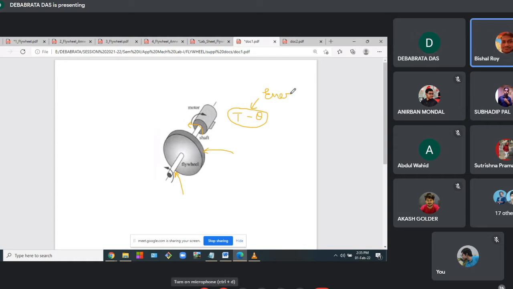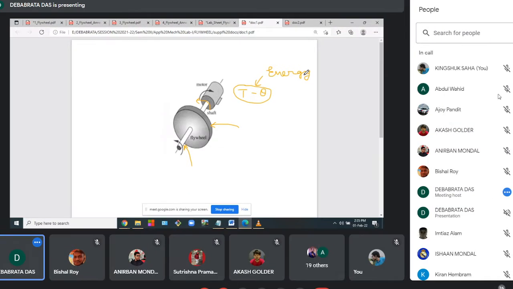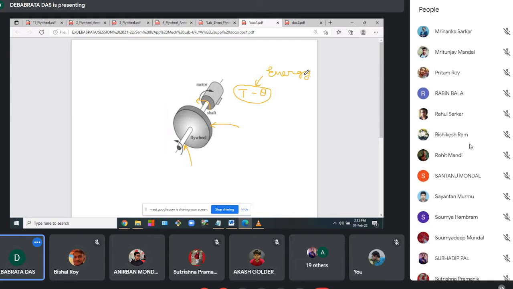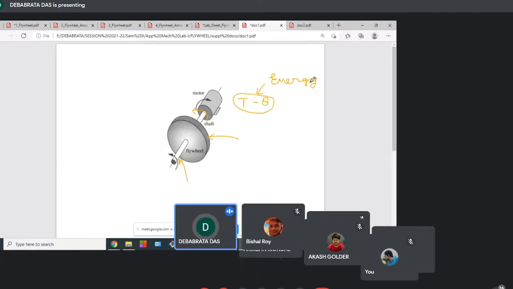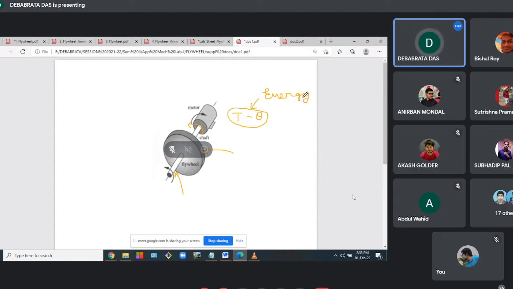Whenever you rotate with your fingertip, you are applying a certain torque for a certain number of radians of rotation, which means you are supplying a certain amount of energy to the pen, and the pen rotates through some angle. Now assume that at the other end of the pin you put a heavy cylindrical body, just like this flywheel.